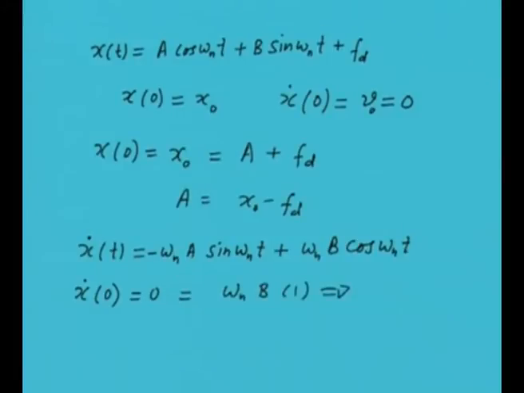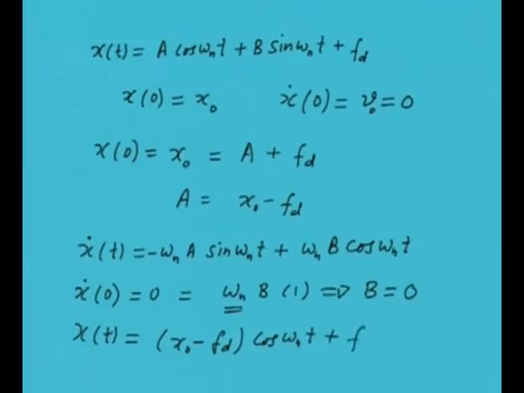So this gives us b, because omega n cannot be 0, so b equals 0. So we can write the general solution as (x naught minus F_t) cos omega n t plus F_t. So this is the general solution for the previous differential equation.